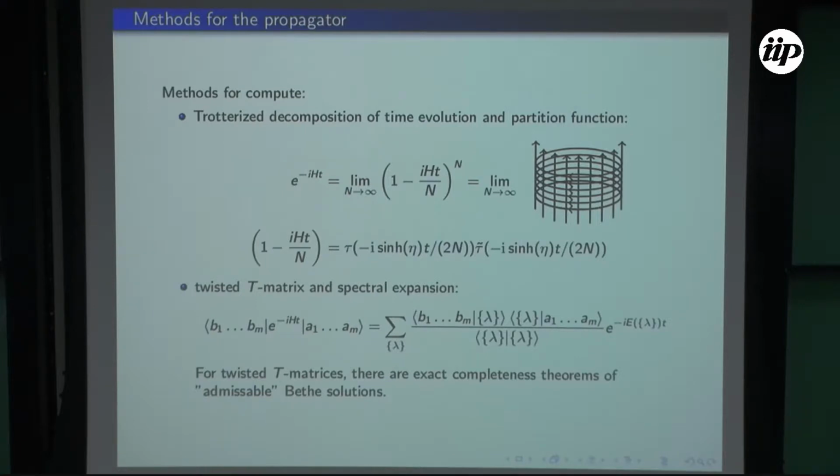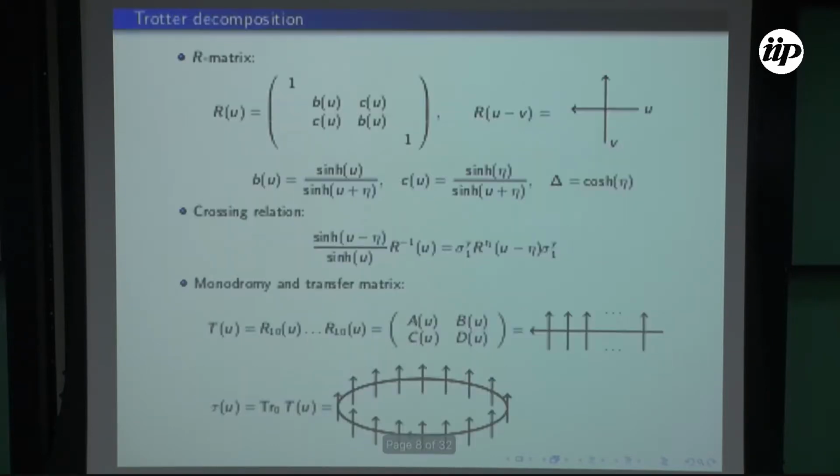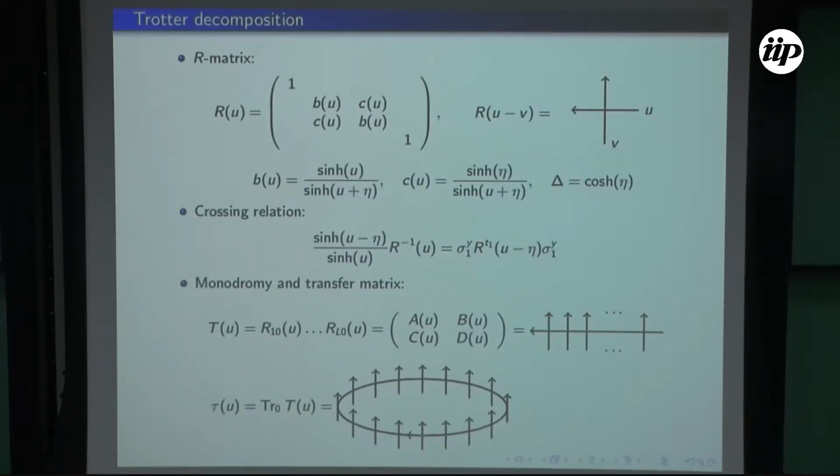So these are the two methods, and I'm going to talk more about the first one, but I'm happy to answer questions. So this is rather introductory. In order to do the Trotter decomposition, you have to introduce some tools. So here is the R matrix of the model.